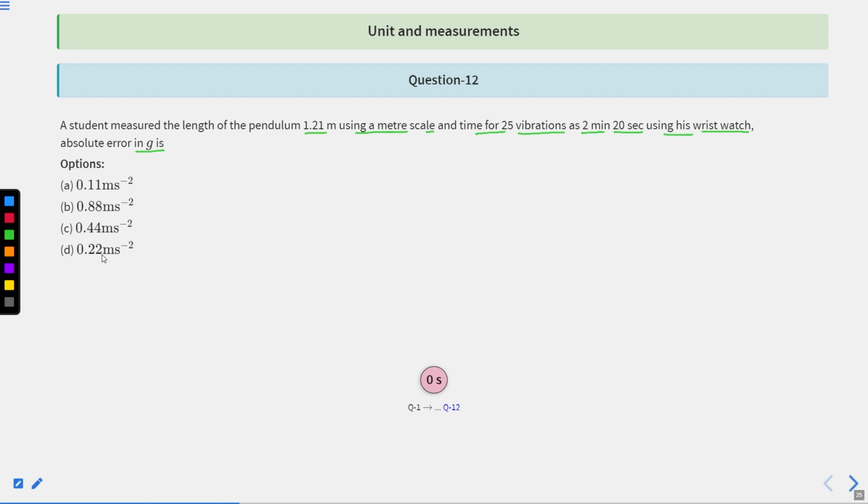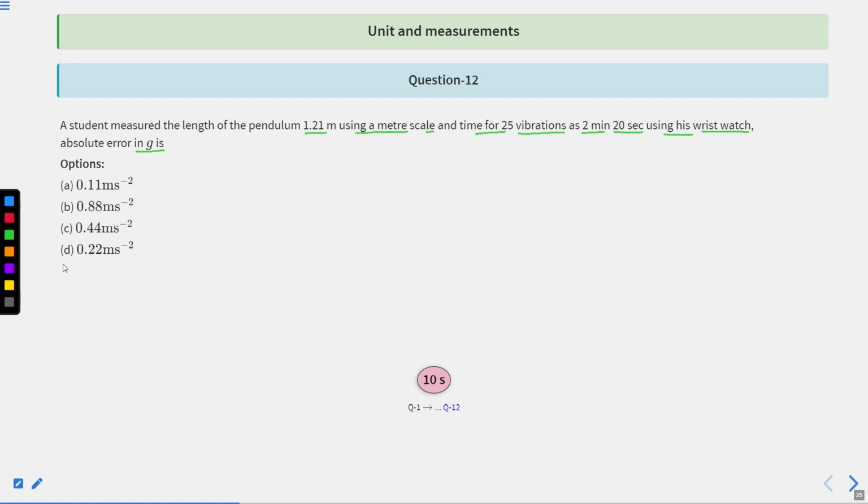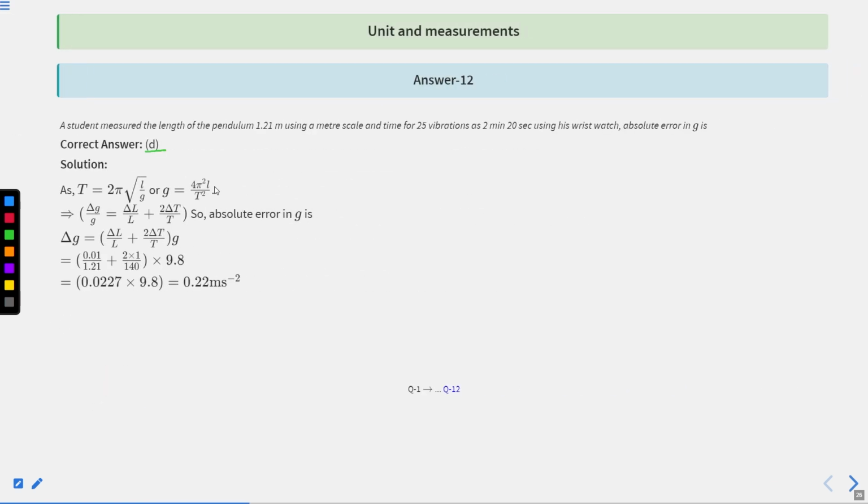Now let's find the solution. Correct answer is D. How? We know T equal to 2 pi under root L by g. Clear?